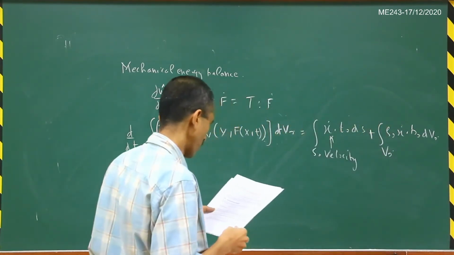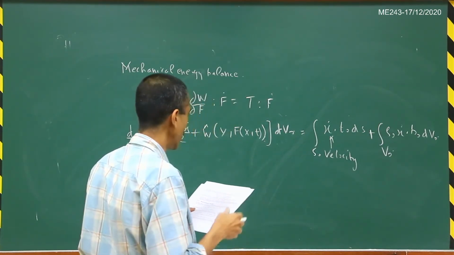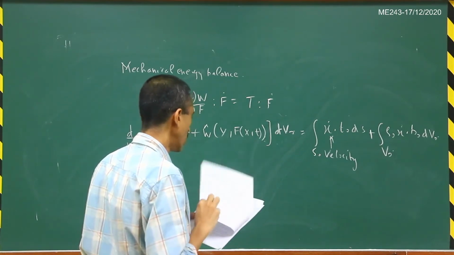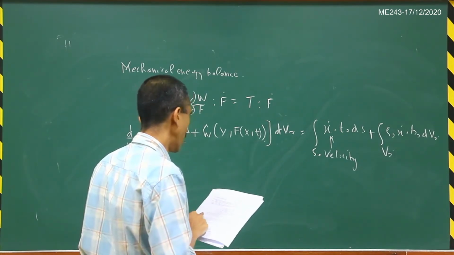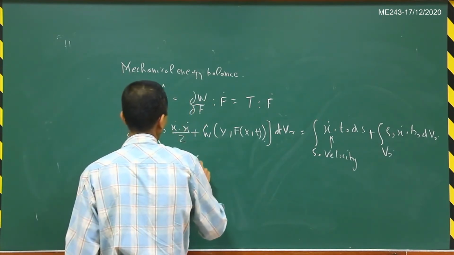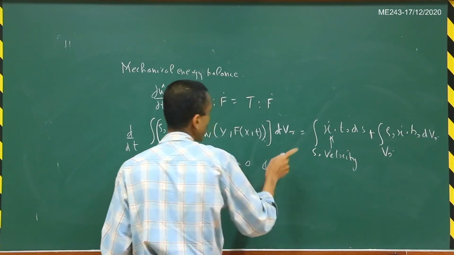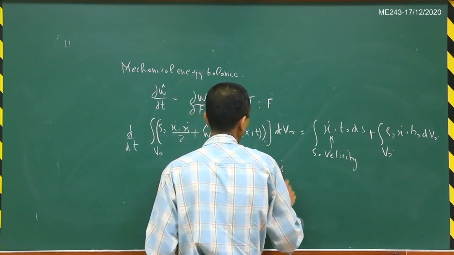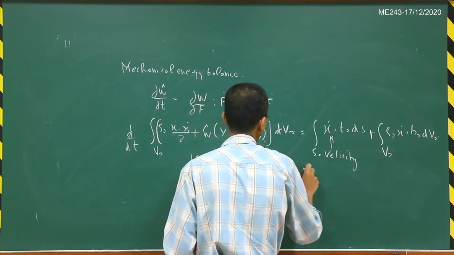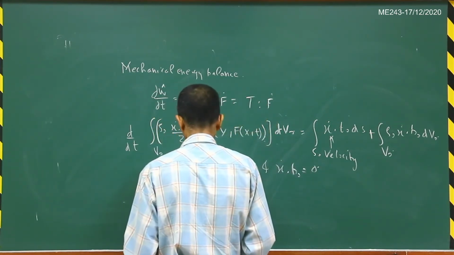Or you can also write this in the deformed configuration. I will not go into that, but basically you can see that if your χ̇ times t₀ is equal to 0 and your χ̇ times b₀ is equal to 0, then you will see that the energy is conserved.